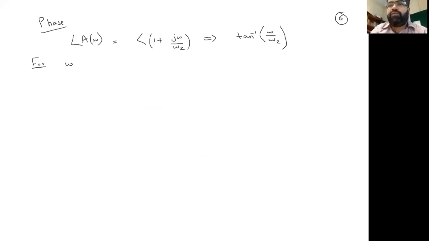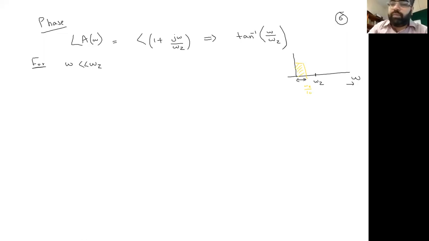If omega is less than omega z, just to clarify, this is a plot and this is omega. Omega z is at a fixed point. This area, which is less than 10 times of this area, meaning if this is omega z by 2, this area I'm talking about is when omega is very much less than omega z.